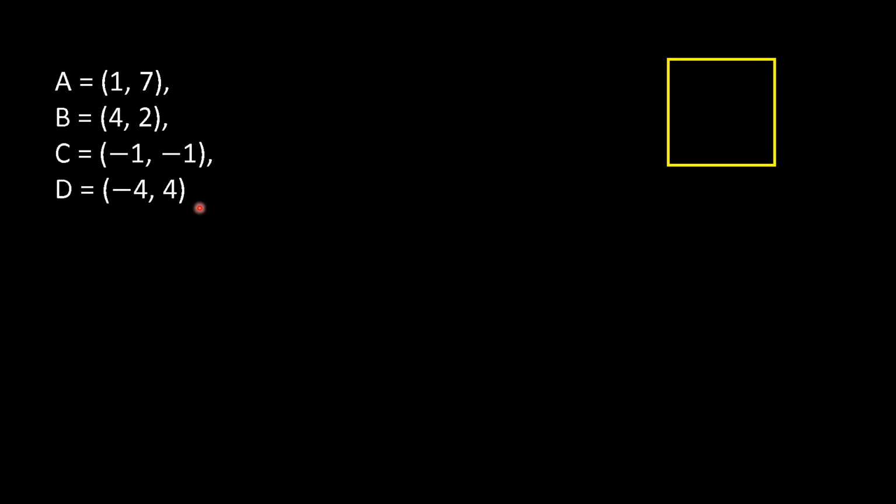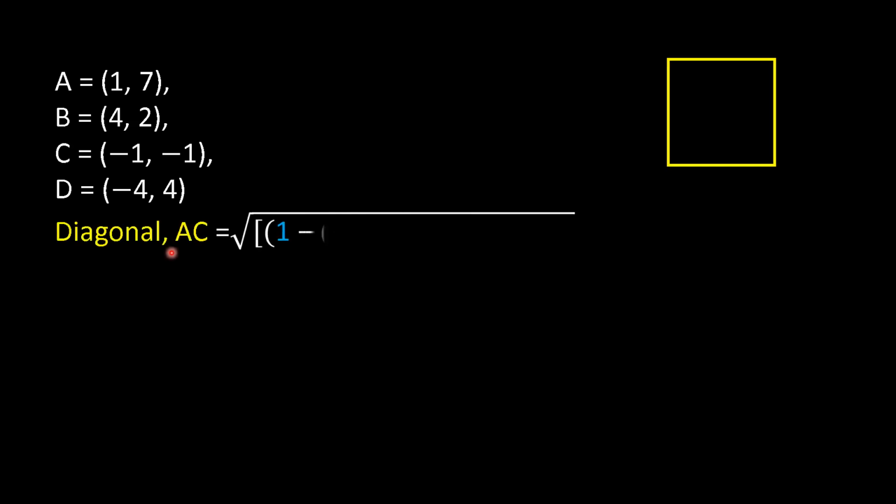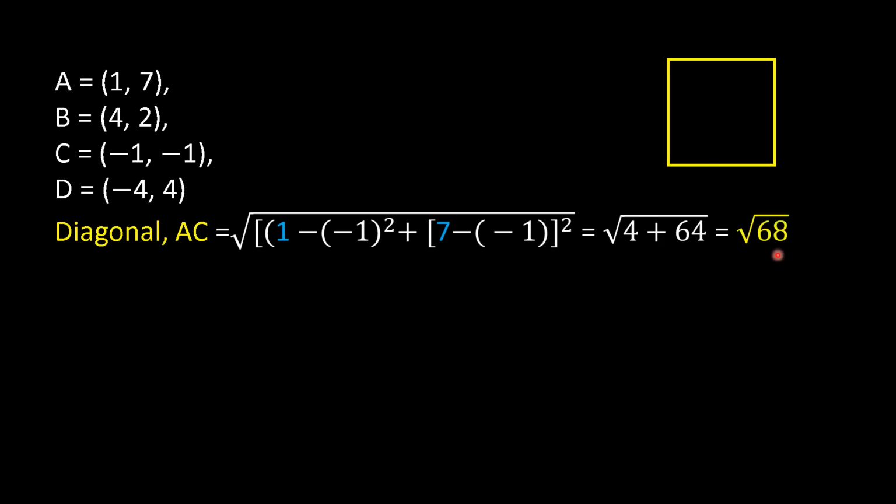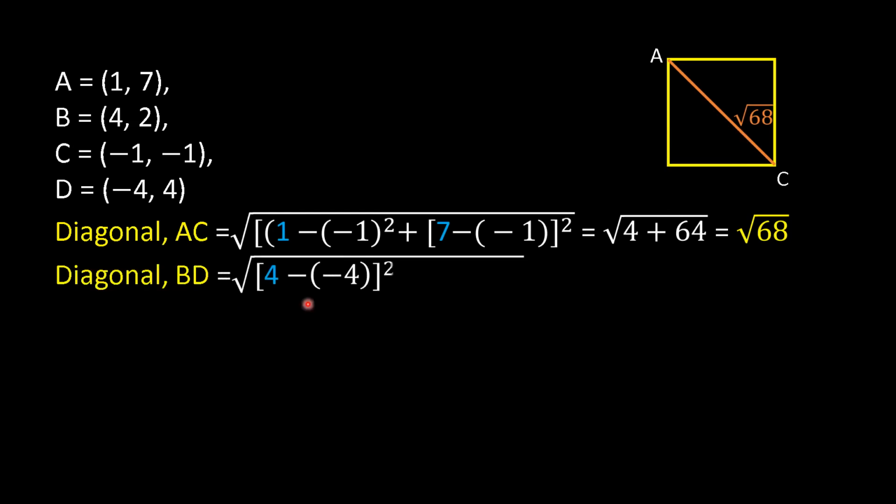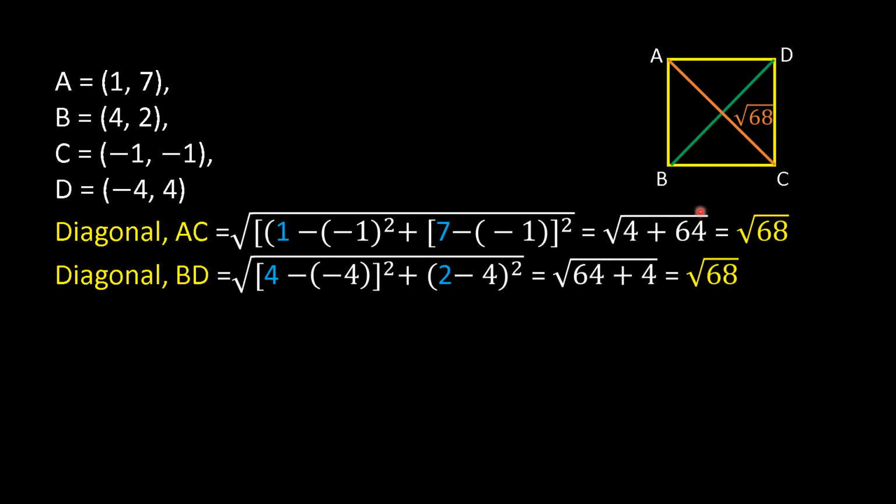Now we will find the diagonals by using distance formula. So diagonal AC will be root 68. Then diagonal BD will be root 68 again.